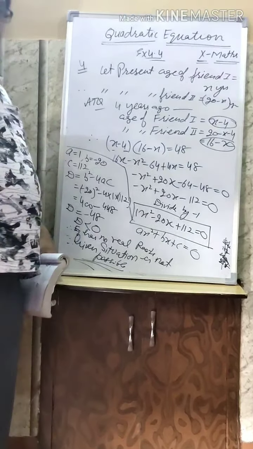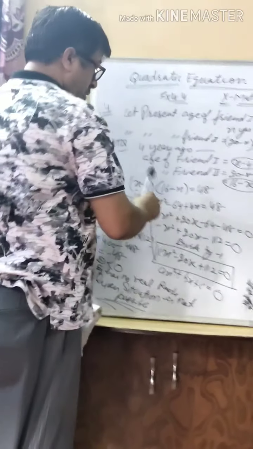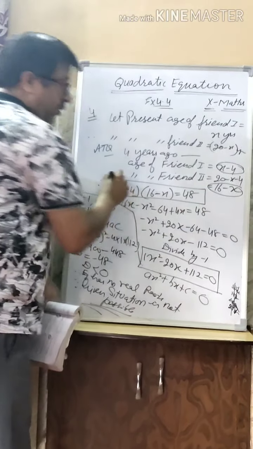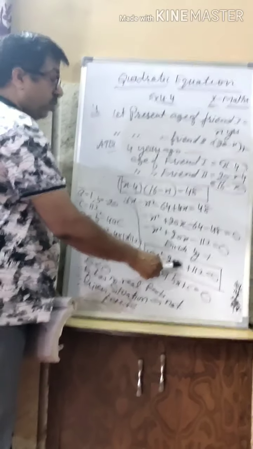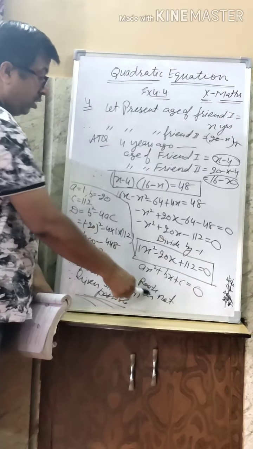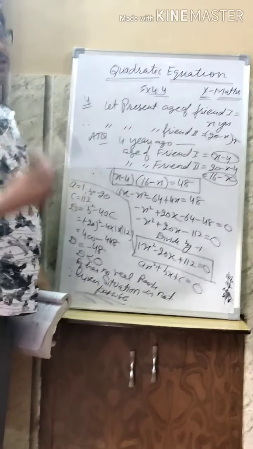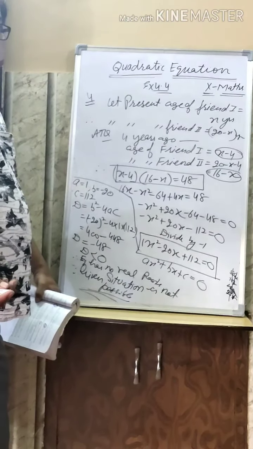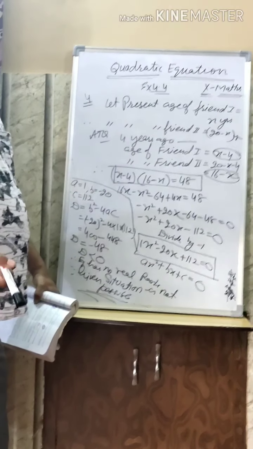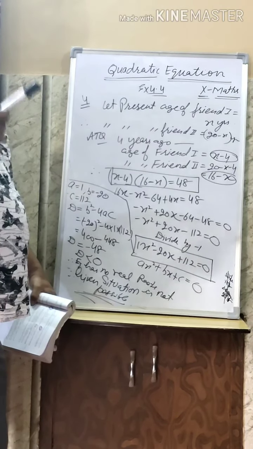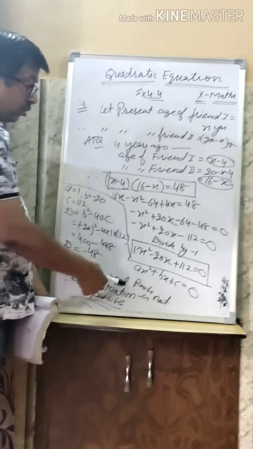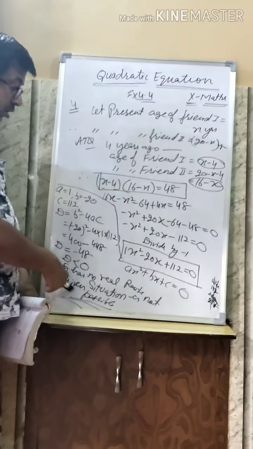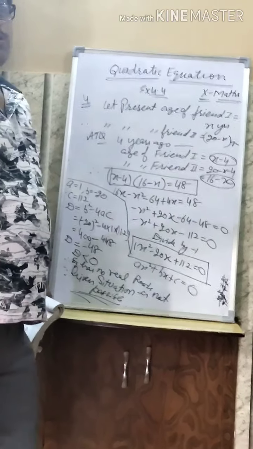First you read the problem, make the main equation, then simplify it, then you obtain the quadratic equation. Then if factors are possible, make them, otherwise by the D method. First you find out D, because D will tell the nature of roots. If D is greater than 0, distinct roots will come; equal to 0, equal roots will come; if less than 0, then no real roots exist. Therefore, in this way, the given situation is not possible.